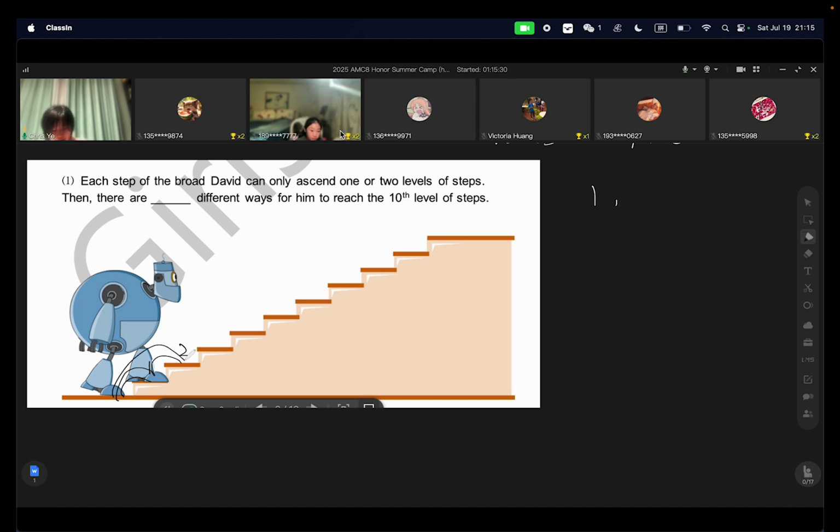So the second number of the sequence is going to be 2. Then for the third step, he can do 1, 1, 1, or 1, 2, or 2, 1. So there are going to be 3 ways to reach the third level of steps.